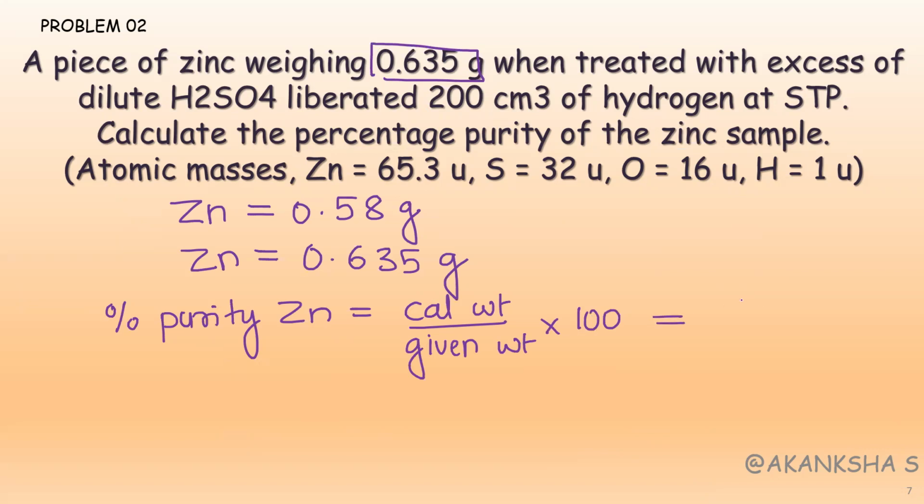So you can see calculated weight is 0.58. You can consider it as 0.6 upon 0.635 into 100. You might get an answer that is pretty close to 90%. In this case, you might get an answer which is approximately 91.33.